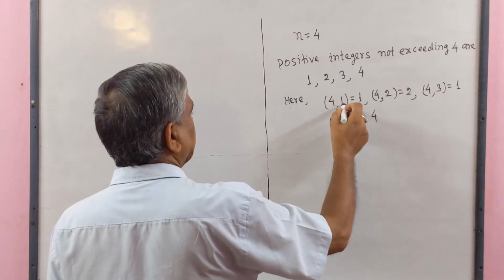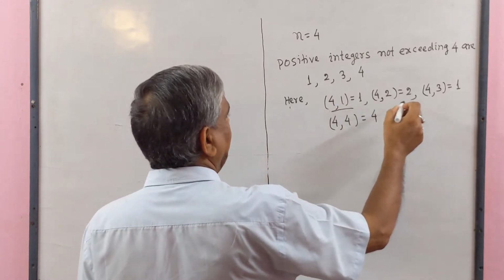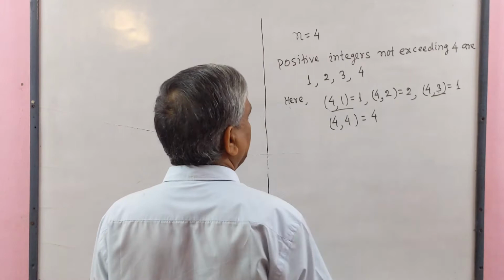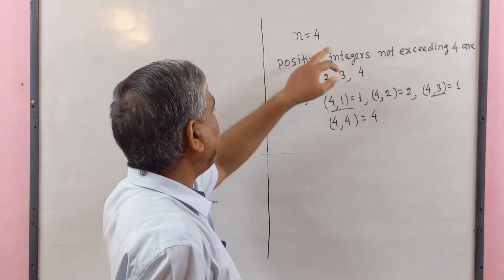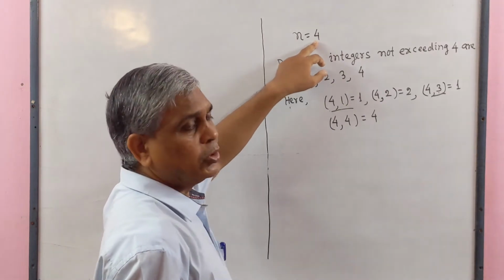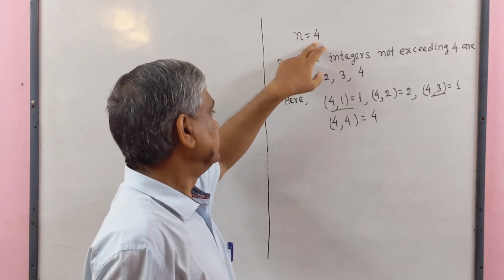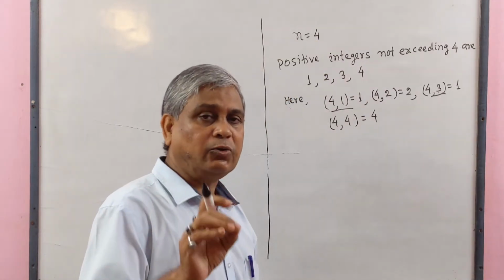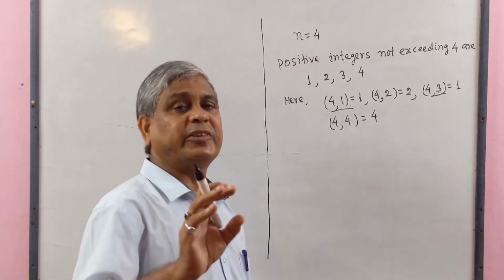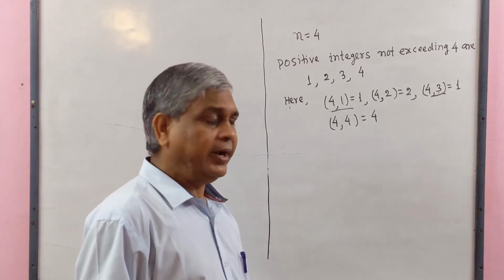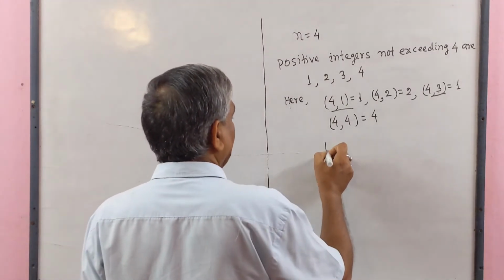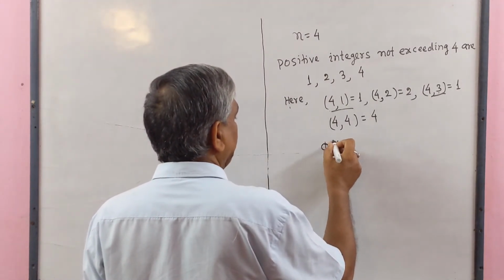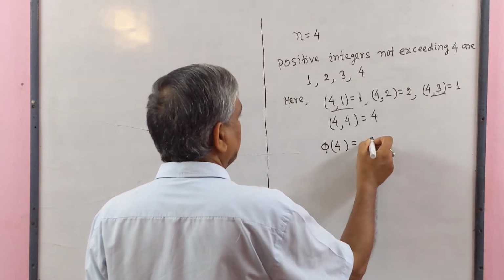Therefore, we get two integers 1 and 3 which are relatively prime to integer 4. Now we count number of these integers and write the number as phi of 4 equal to 2.